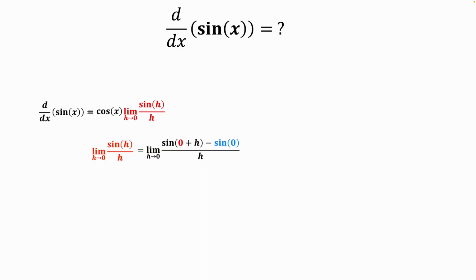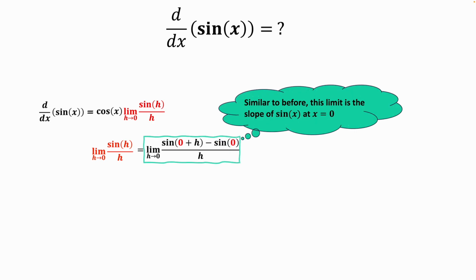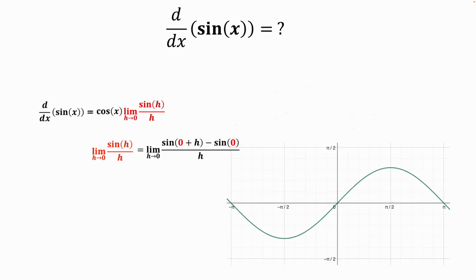And so now, again, just as before, what you're looking at is, in and of itself, a derivative evaluated at 0. In fact, what we're looking at is the slope of sine at 0, the derivative of sine at x equals 0. As before, let's take a look at a graph. So here's a graph of sine.